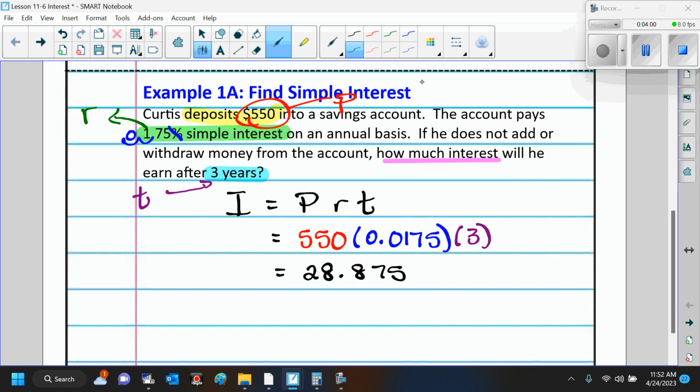So if it's money, we want to round to the nearest hundredth. Very good. So there's the hundredth place. So we're looking at the 5 to tell us what to do. What does it tell us to do? Round up. So the amount of interest that Curtis earns after 3 years is $28.88.